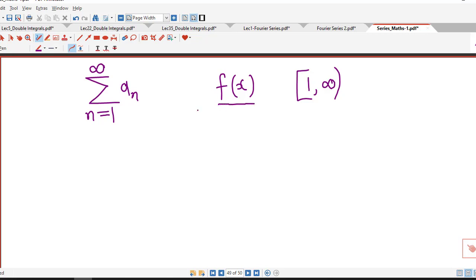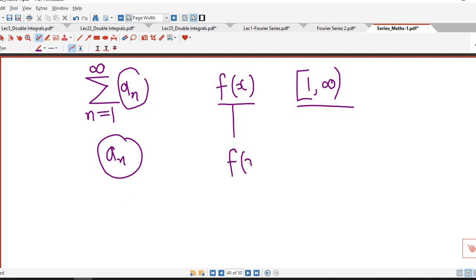So we consider the function f(x) as defined on the closed-open interval [1, infinity), and this function is decided from the nth term of the series by replacing n by x. So this function has value at n, f(n) is equal to a_n.